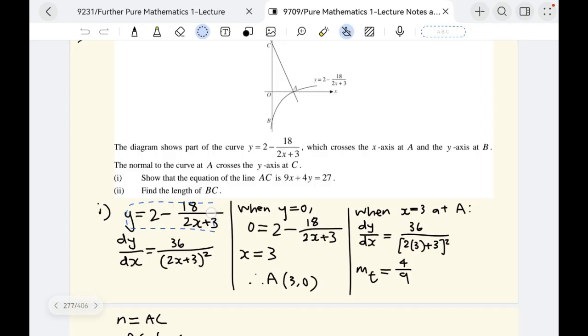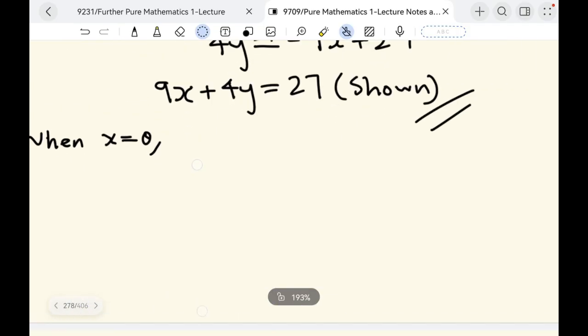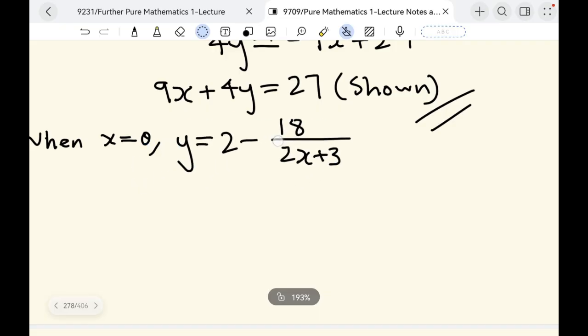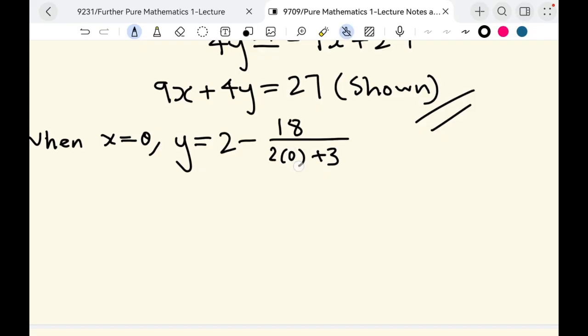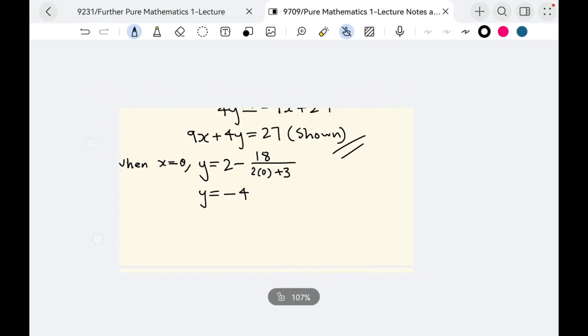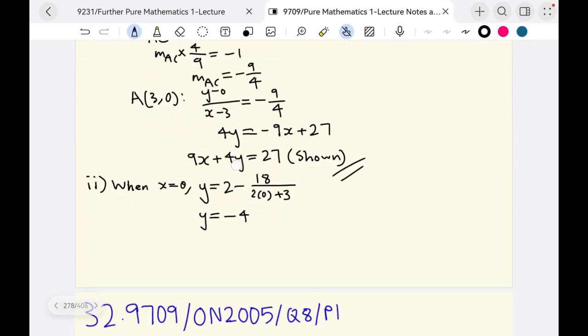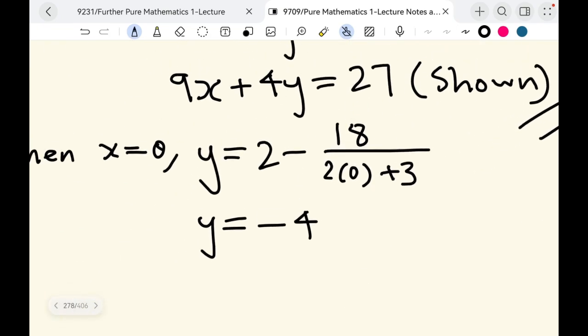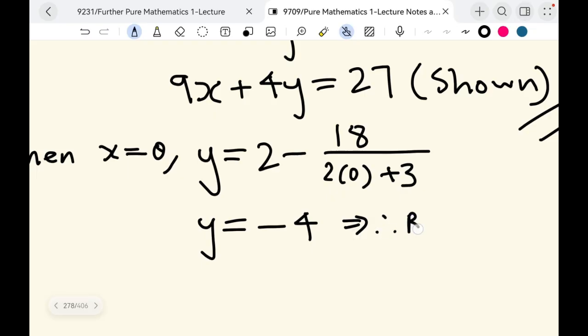So let's start from the curve. It's -4. Okay, so which means that the coordinates of B is (0, -4).